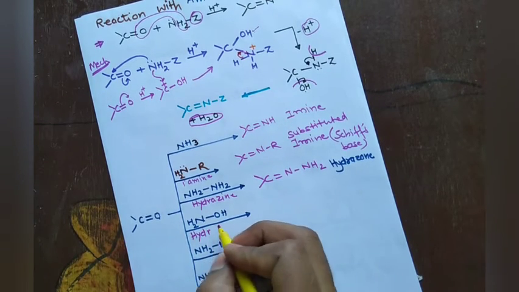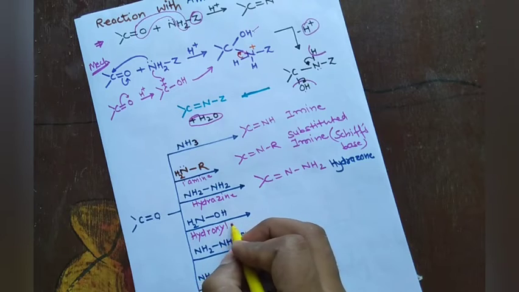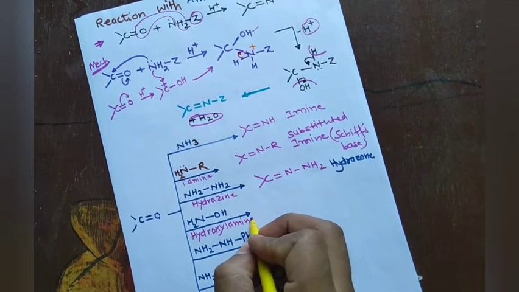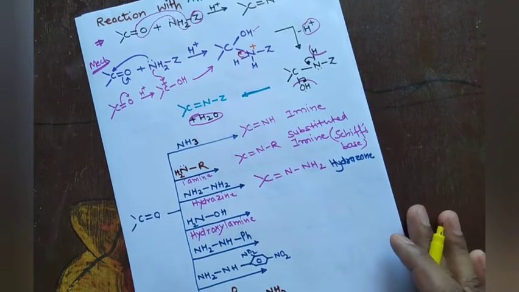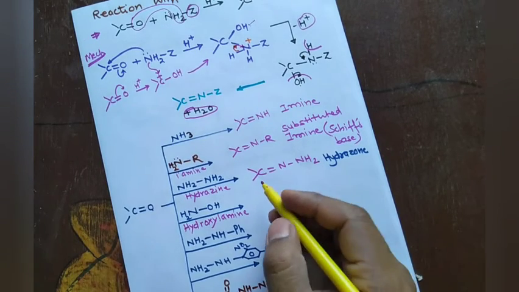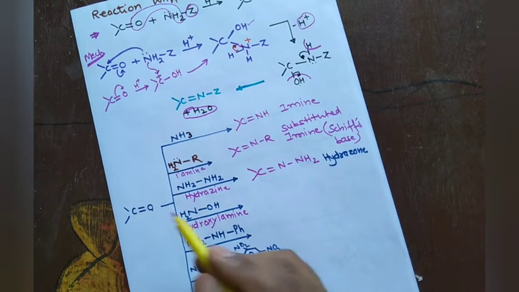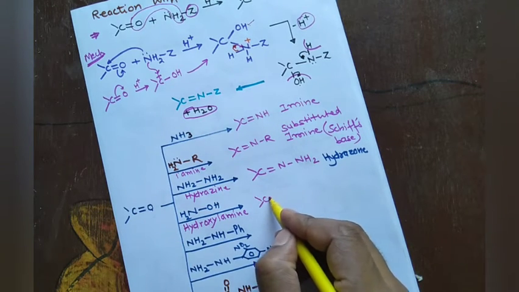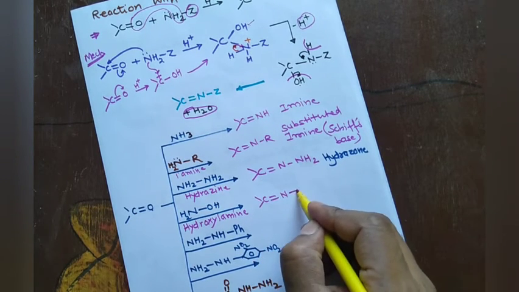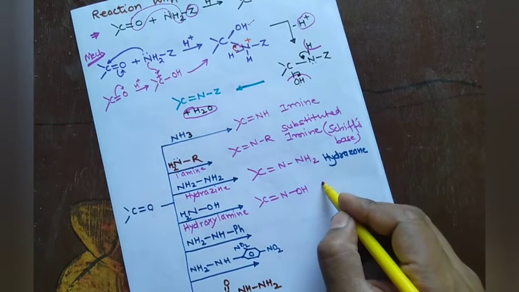You have to remember these names. Nitrogen will lose its 2 hydrogen and carbon will lose its oxygen, forming an addition product known as oxime.